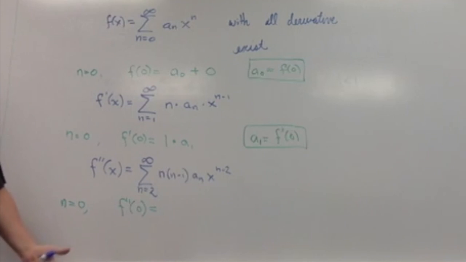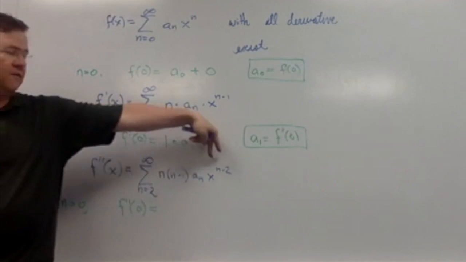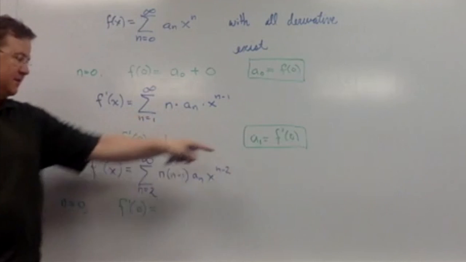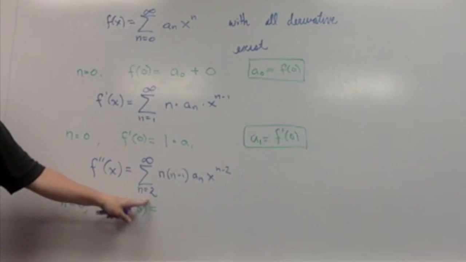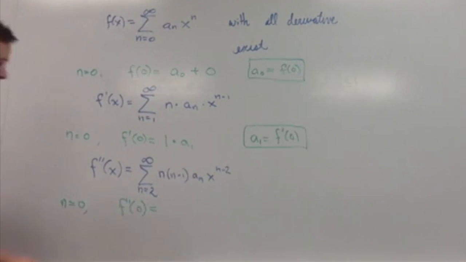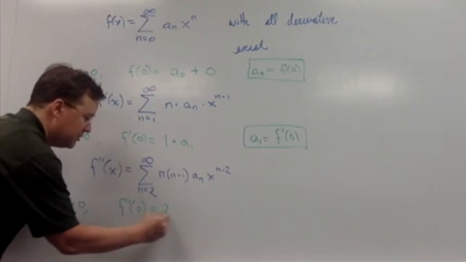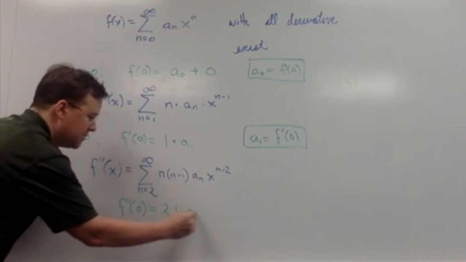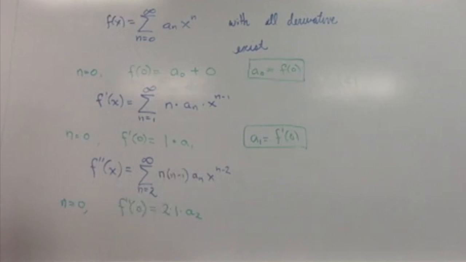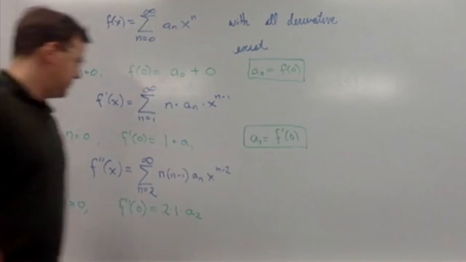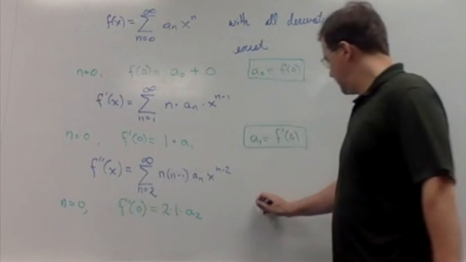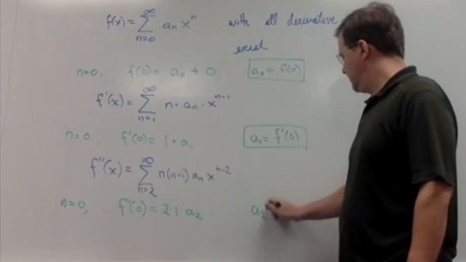The one that doesn't have an x attached to it is the one where the exponent is 0. That is to say, when n equals 2. A sub 2. And when that happens, you end up with 2 times 1 times a 2. In other words, oh, because you're plugging it in the n. Okay, sure.